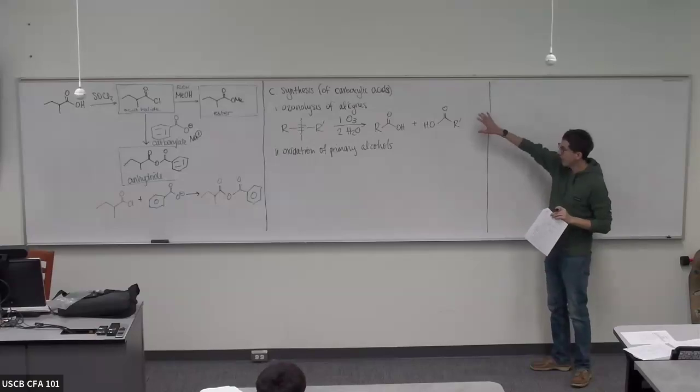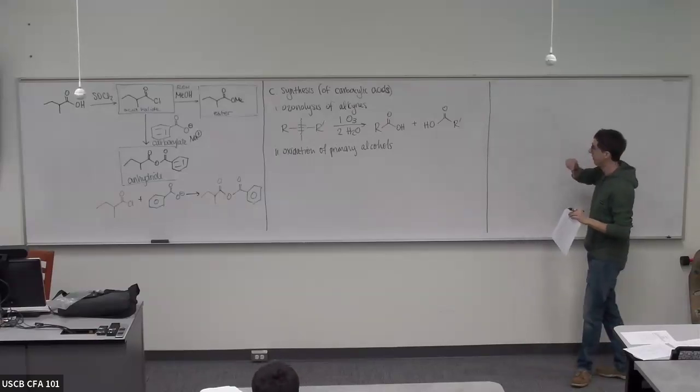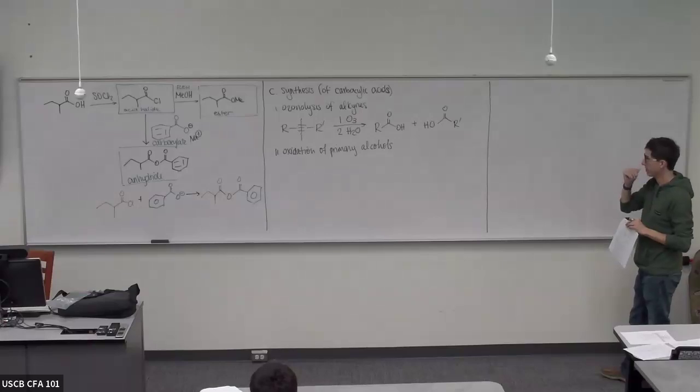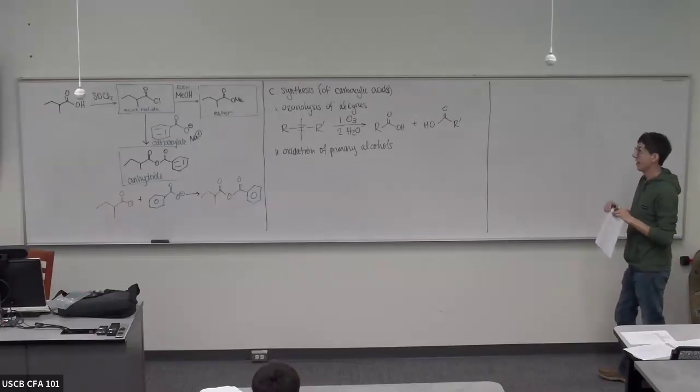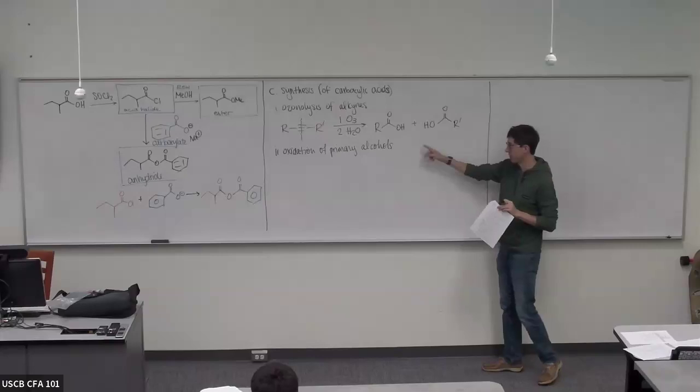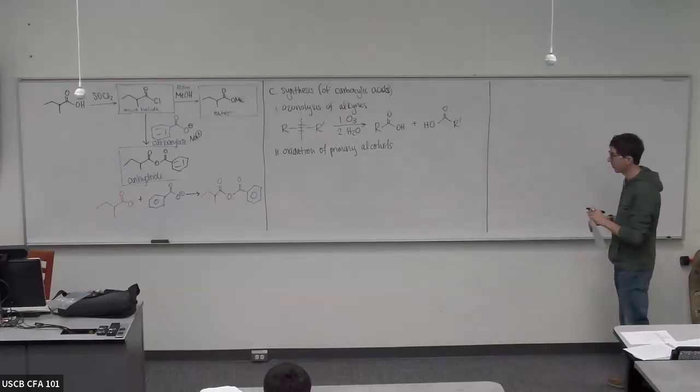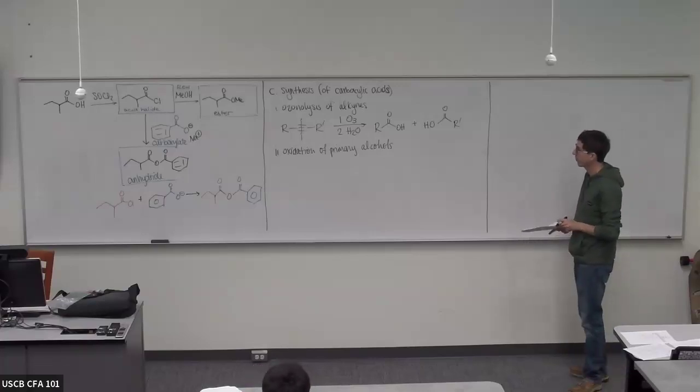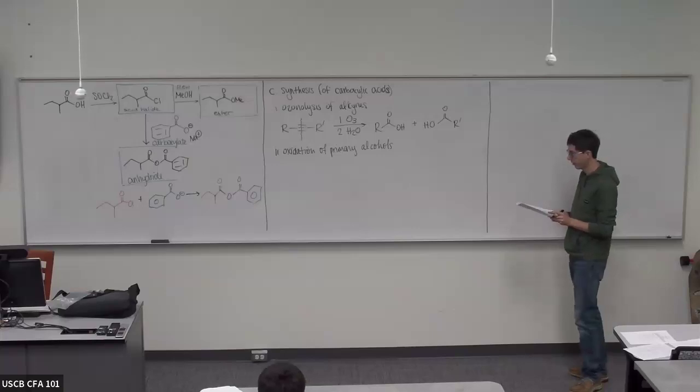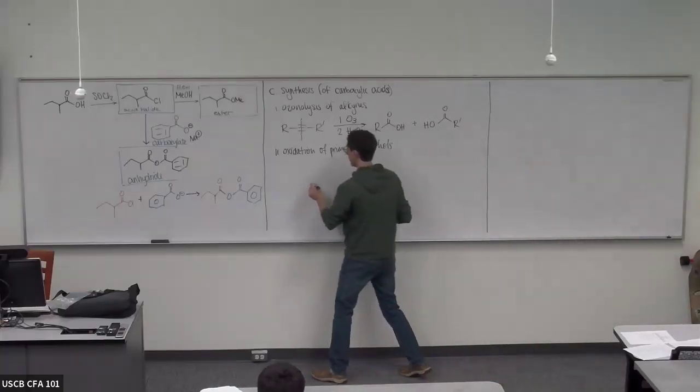So this method, we kind of talked about something similar to it when we did aldehyde and ketone chemistry. In addition, we also talked about oxidation of alcohols for making aldehydes and ketones. And this sort of stuff actually works also for carboxylic acids, just with slightly different conditions.